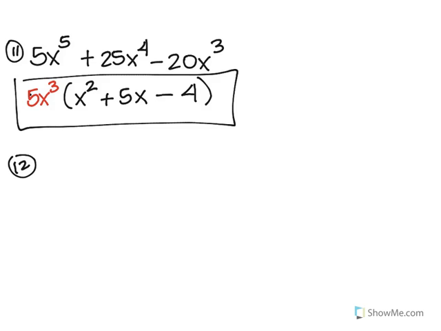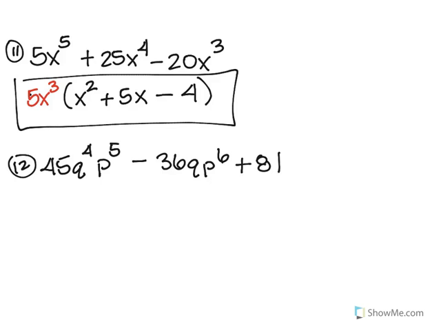Okay, what about 45 q to the 4th p to the 5th, minus 36 q p to the 6th, plus 81 q squared p to the 3rd?